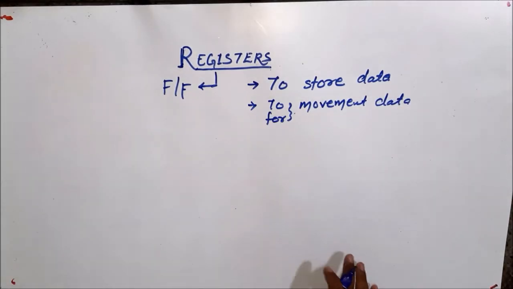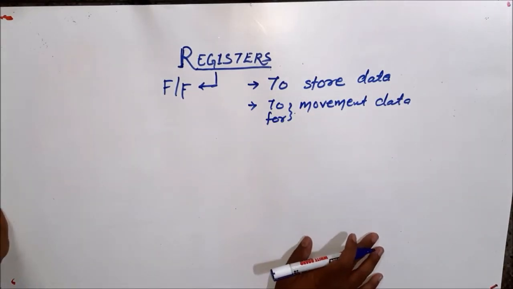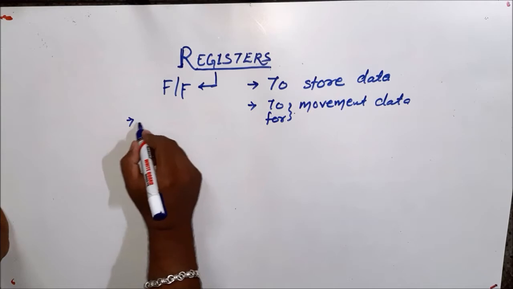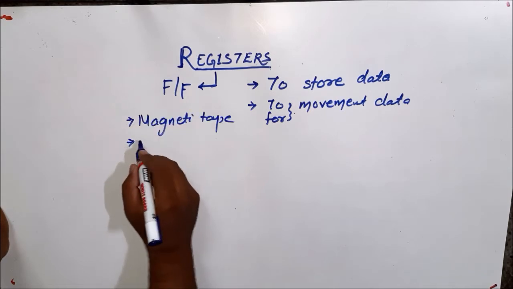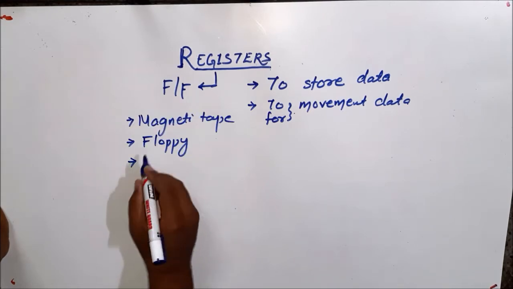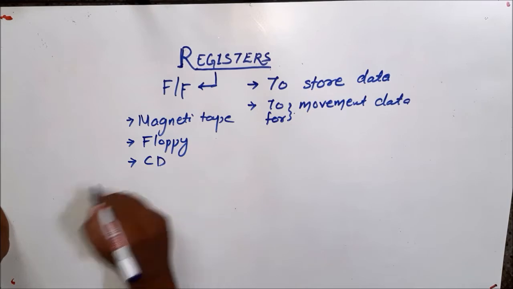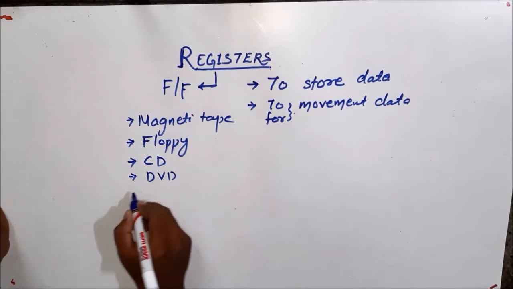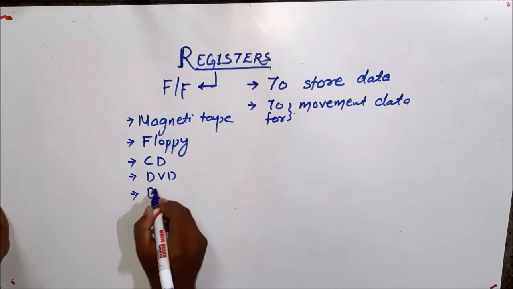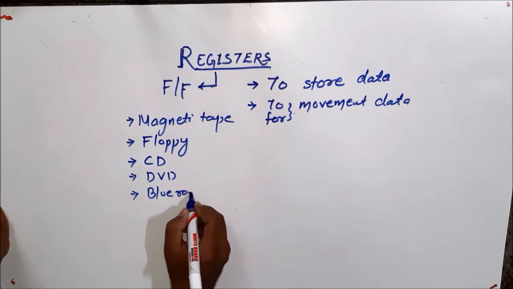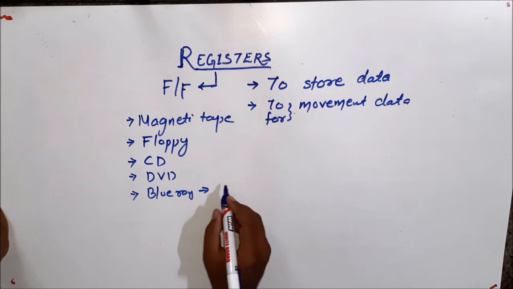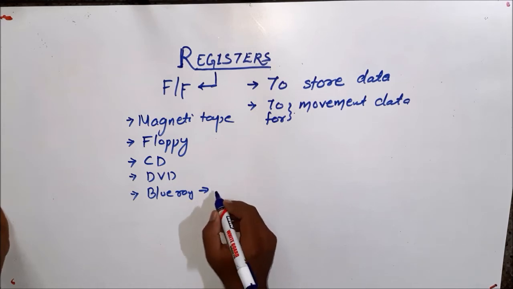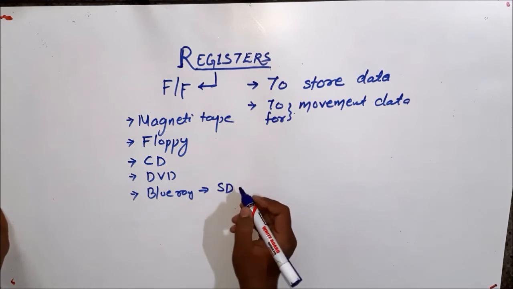To store some data means if I have some data and I want to use that data for future purposes, we have magnetic tapes, then after that we got floppy disks, then we have seen CDs, that is compact discs, then DVDs, then Blu-ray, and at this time, along with Blu-ray, we have also seen micro SD or SD card storage devices.